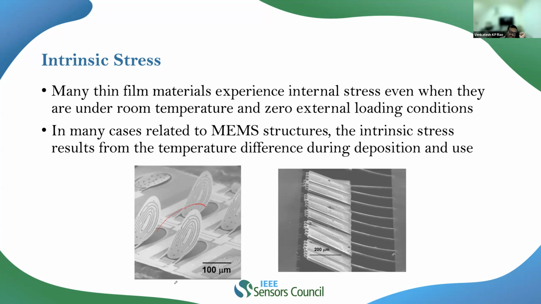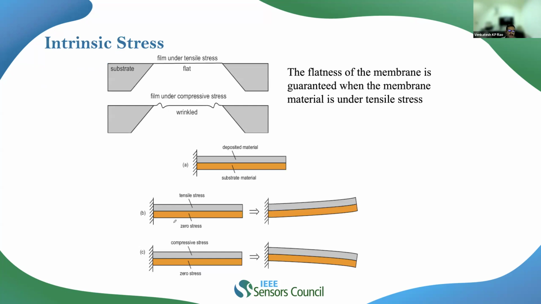You can see that the structures are basically curled up, and you can see the stress gradient. Because of the stress gradient, the structures are basically curling up. And how can we say whether it's tensile stresses or compressive stresses? For example, you can take a sheet of paper, and what happens? You have it on a substrate.